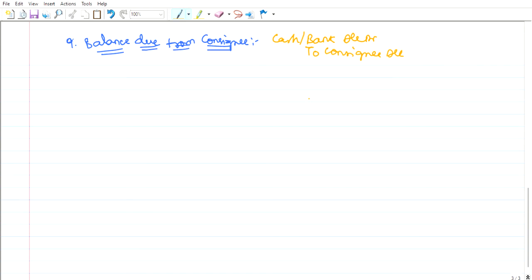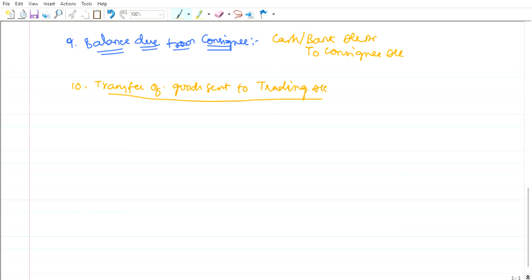And now we shall discuss the most important thing, the last and final entry which we will be recording in the books of consignor: transfer of goods sent on consignment into trading account.